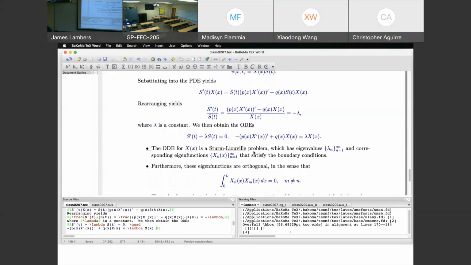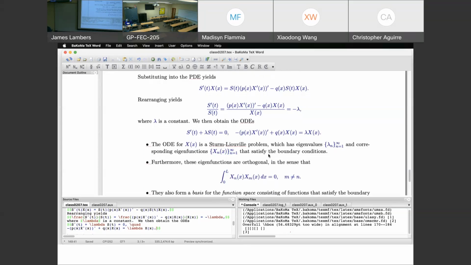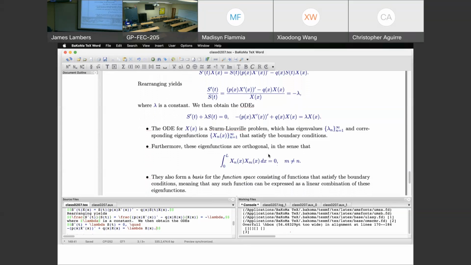This is something that's true in general for a problem like this. Because of that, we can use an infinite sum involving these functions to describe our solution, knowing that this sum will satisfy the PDE and the boundary conditions.